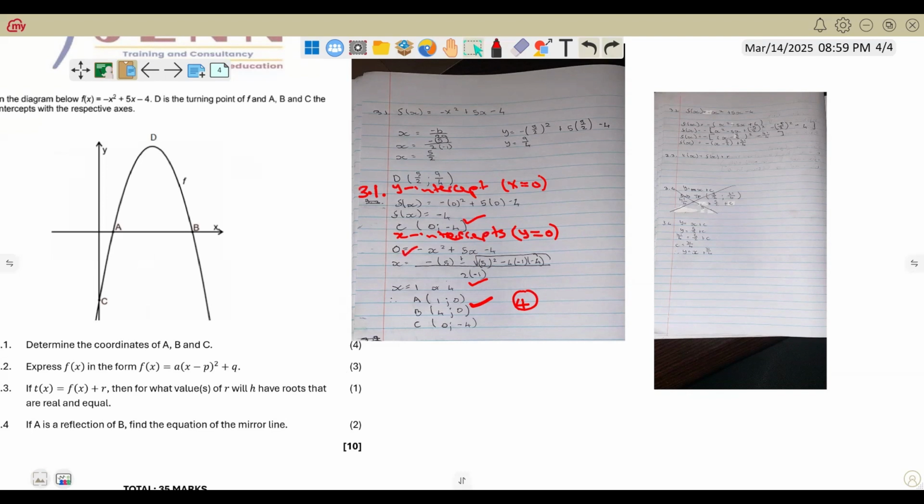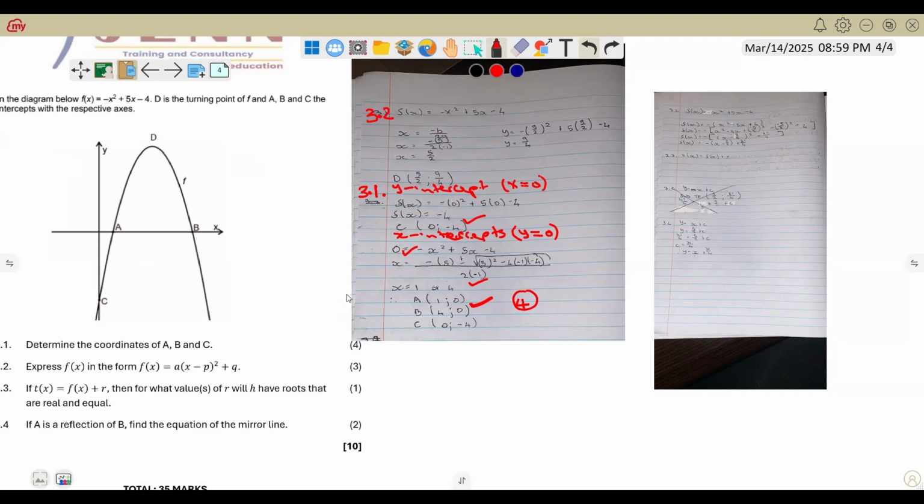So what I'm trying to say is this: this one which you had written as 3.1 can be your 3.2 using this method. Then at the end, after calculating your turning points, remember A in this format and A in this format will always be the same. Is that clear?